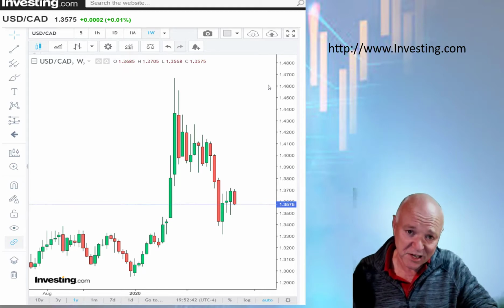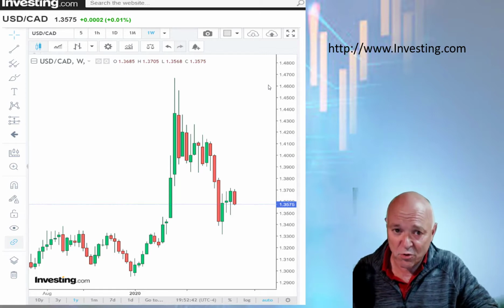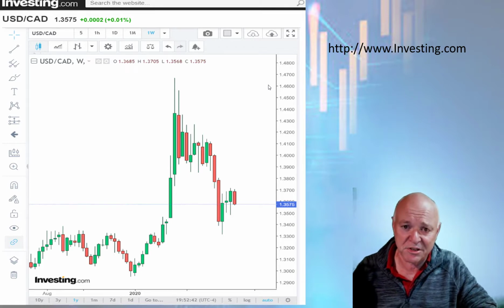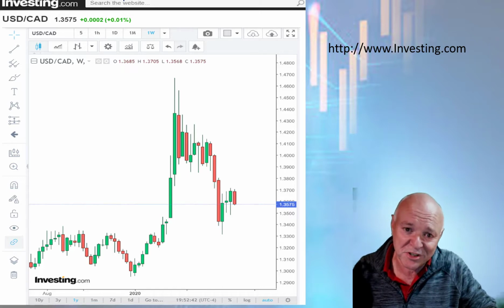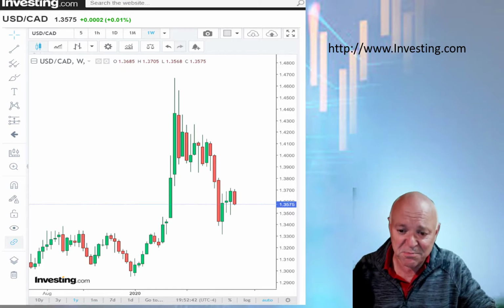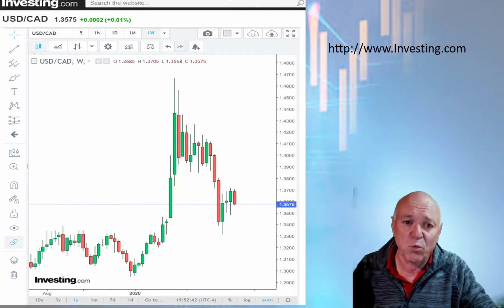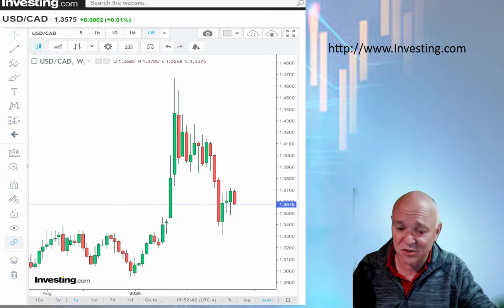And you can see for the US dollar to the Canadian dollar at a current quoted price of 135.75, that was the rate on the day that I downloaded this, that it had been trading from August 2019 to today's rate. The typical price, one US dollar would cost 135.75 Canadian dollars.